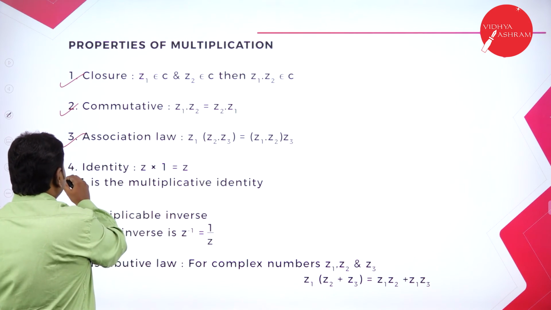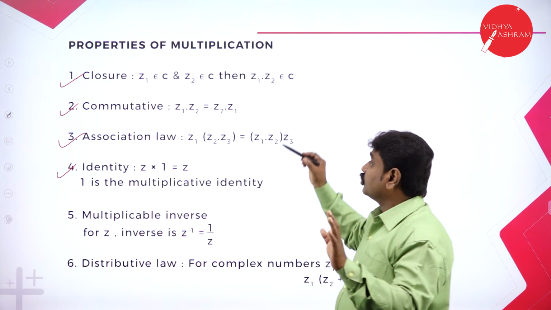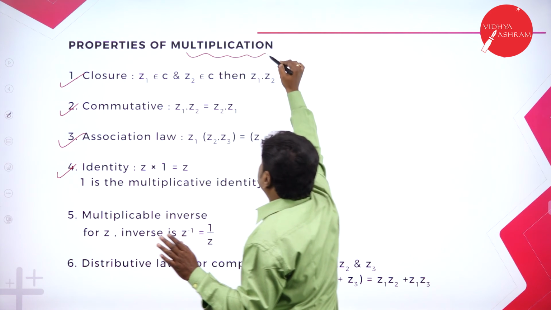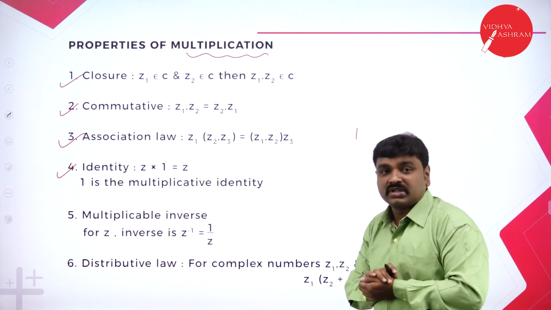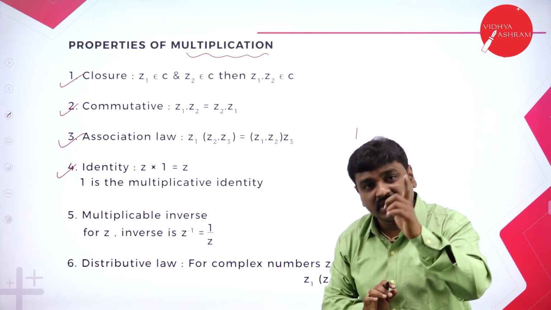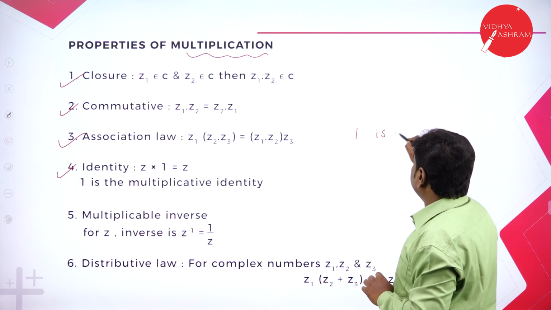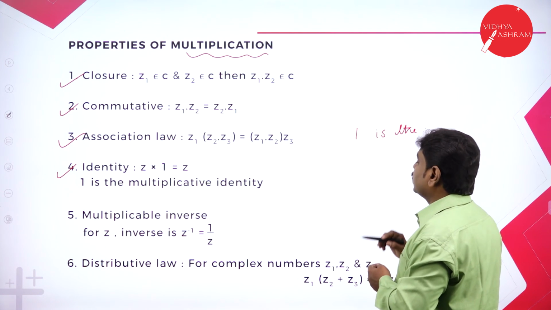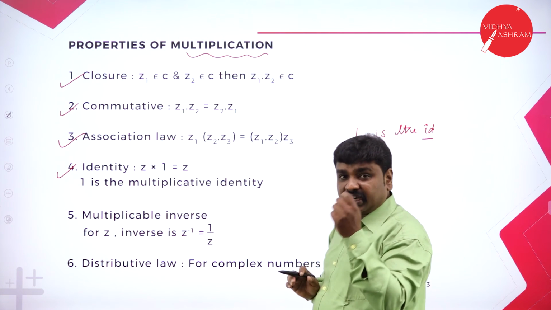So now identity. In addition I told you identity is 0, but for multiplication they will ask inverse and identity. So identity for multiplication is 1. What is the identity element for multiplication? 1 is the identity element for multiplication. And multiplicative inverse.